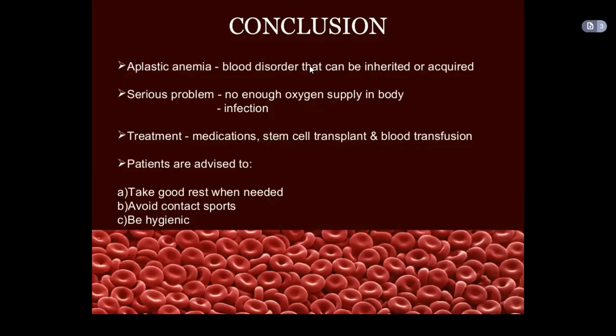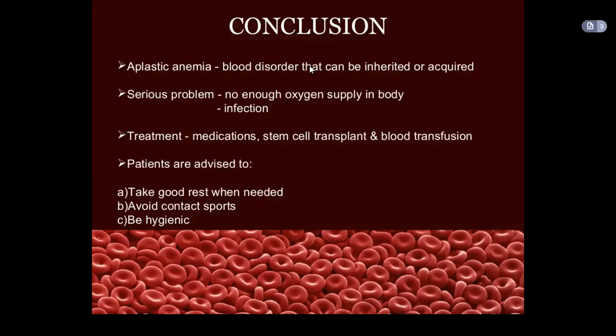And when you don't have white blood cells, you are also in trouble, because you are going to suffer all kinds of infections. You'll be easily attacked by bacteria and viruses. And then again, if you get a little injury, you're going to lose a lot of blood by bleeding because of low platelets. So aplastic anemia is a very serious condition.